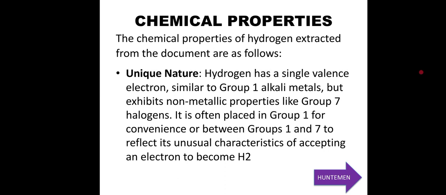Please don't forget, hydrogen resembles halogens when it comes to chemical property. It is a non-metal, not a metal, but it only fits into group 1 when we observe that it has only one electron on the last shell. It is usually placed in group 1 for convenience, or between group 1 and 7 to reflect its unusual characteristic of accepting an electron to become H2.